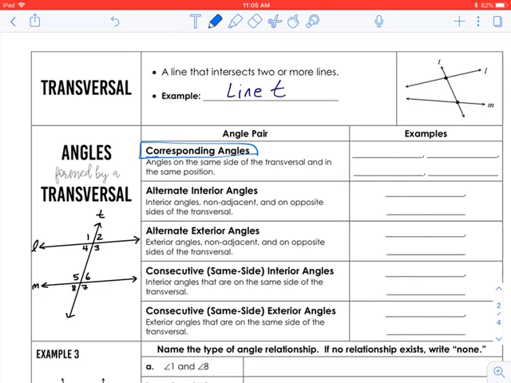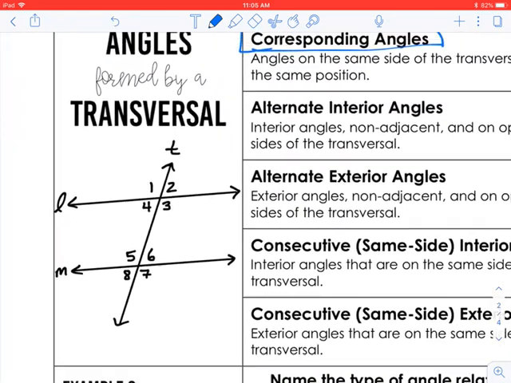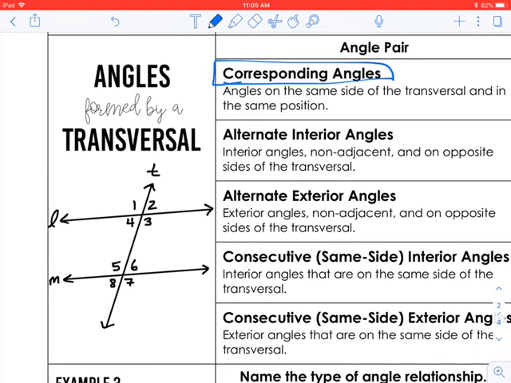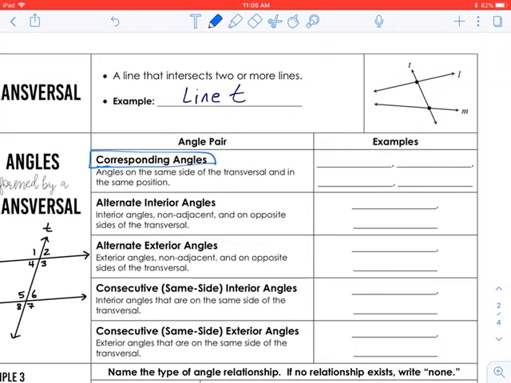So think positioning for corresponding. I'm going to mark these but erase each time, so just bear with me here. We've got 1 is kind of the top left, and so is 5, top left. So 1 and 5 would be corresponding.